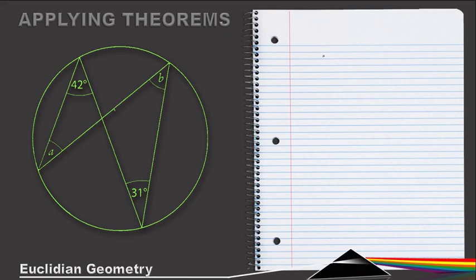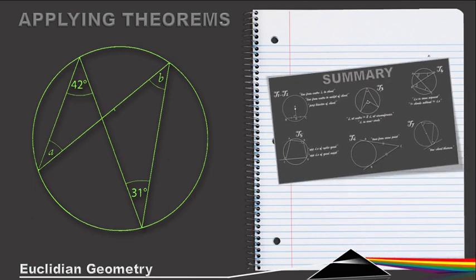Now for this question, can we recognize anything? This looks like theorem 4, where we have two angles subtended from these points, and the one is 42 degrees and the other one is B. Also from the other side we have this angle being subtended. So this angle will also equal this angle 31, and this will equal this, which is 42.